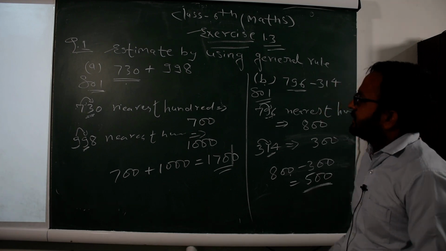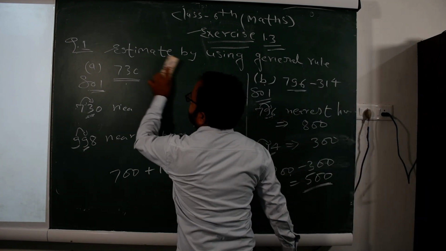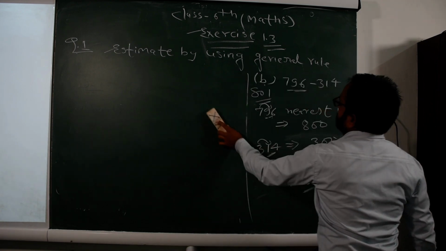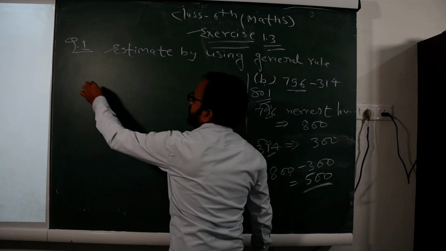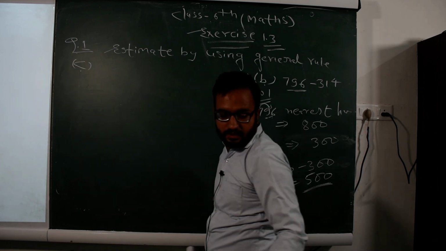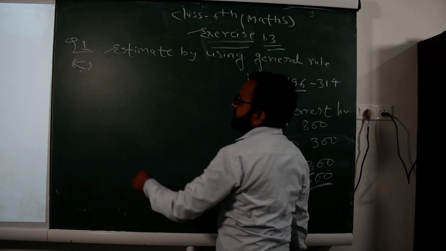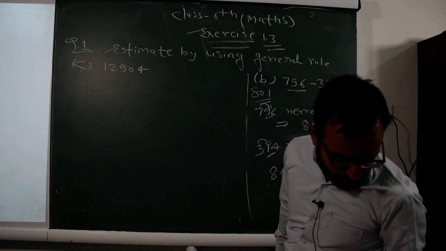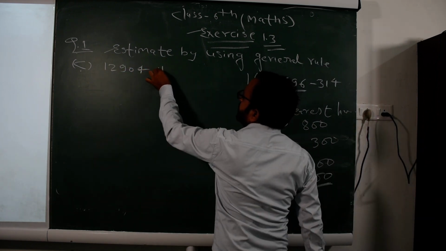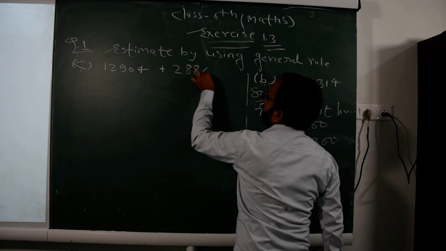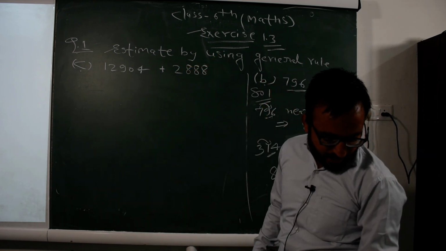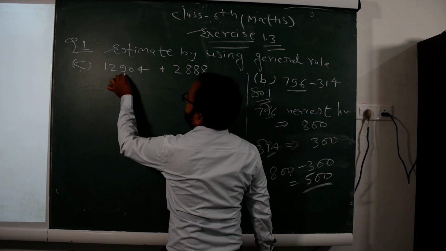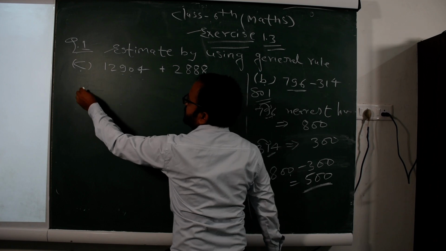Now the C part of this question. 12,904 plus 2,888. Now ones, tens, hundreds, thousands, ten thousands. So the solution.